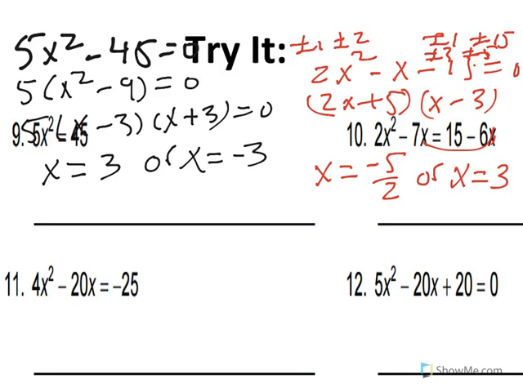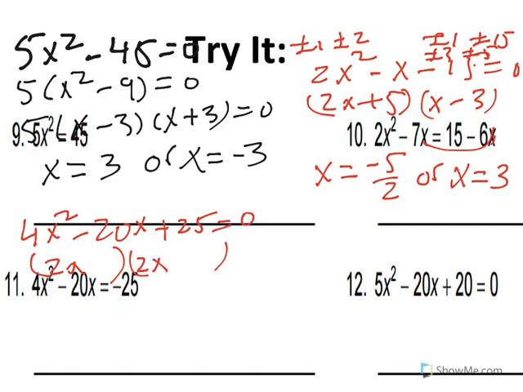Okay, let's go on to number 11. Here we have 4x squared minus 20x plus 25 equal to 0. We can factor this out. So let's try 2x and 2x.